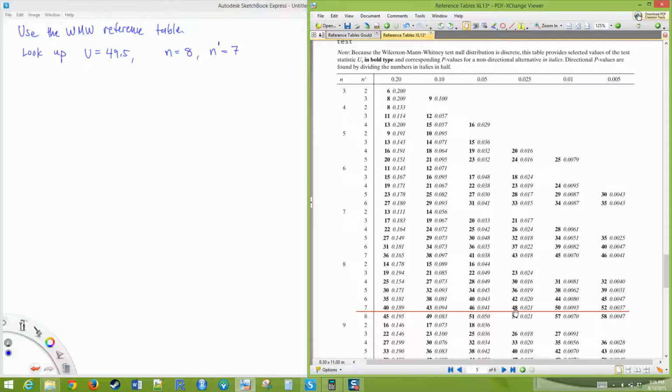And if my value was 48, I would know my area would be 0.021. What I'm getting, however, is 49.5, so I have to say, okay, it's going to be somewhere between 0.021 and 0.0093.